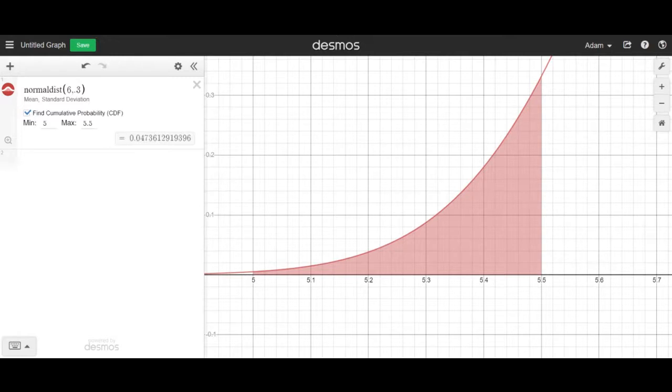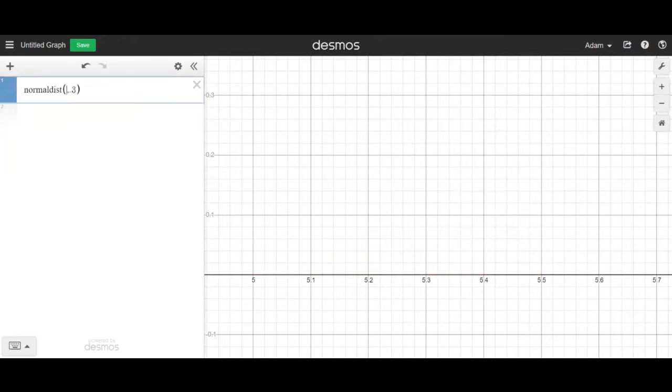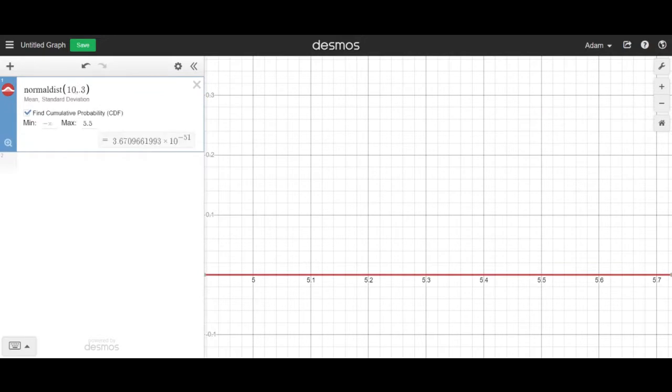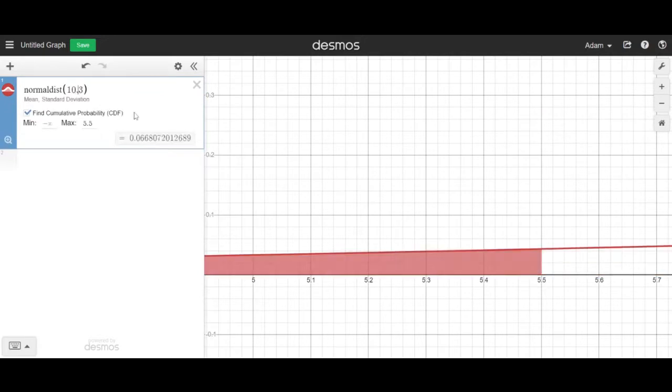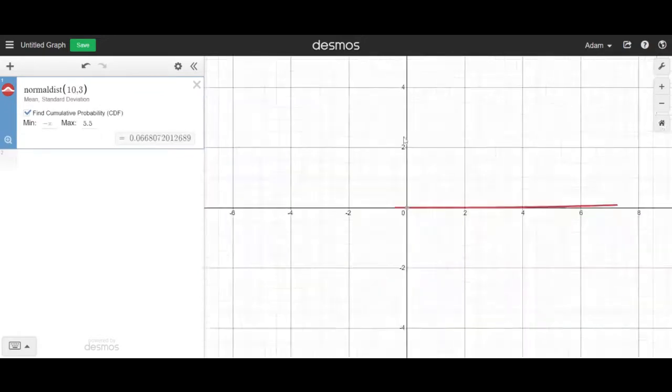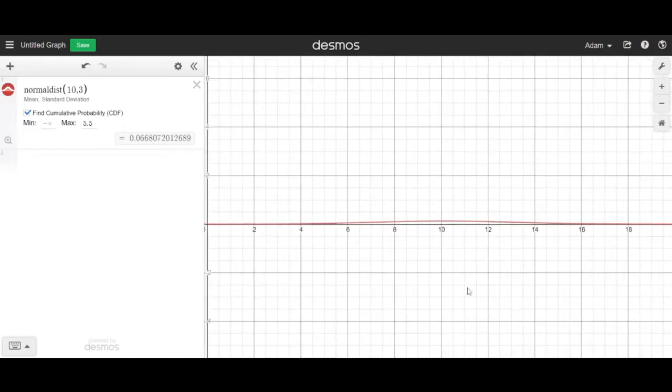Here we go. Between 9 and 10, we have our normal distribution, which is 10, and the standard deviation is 3. Okay, good. So I just graphed it.